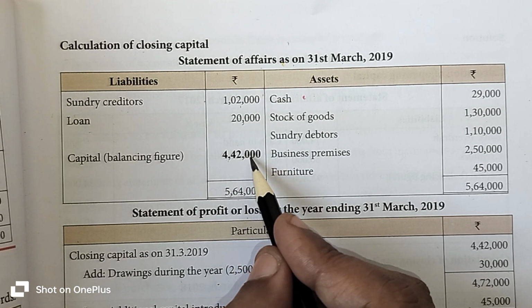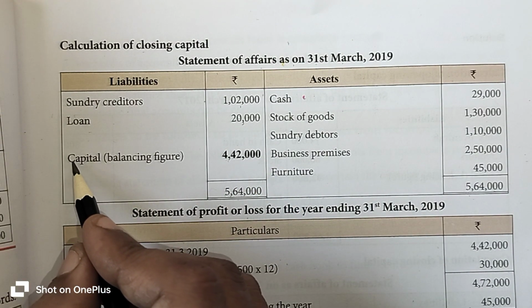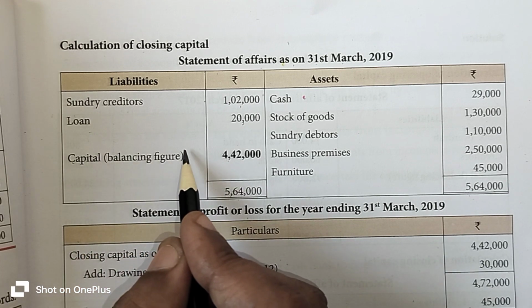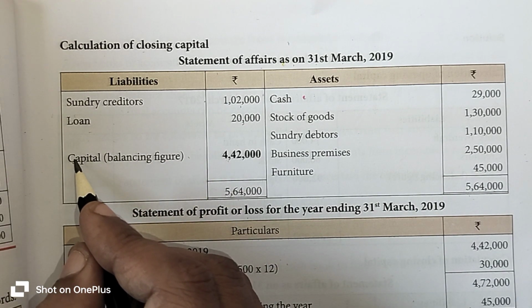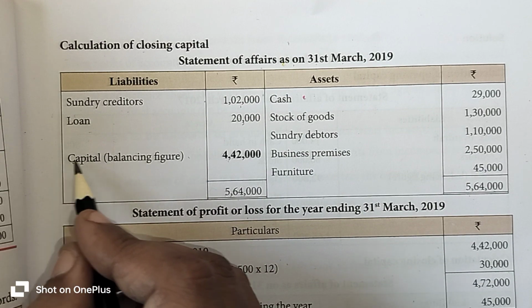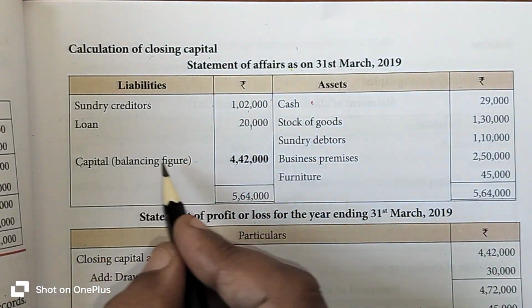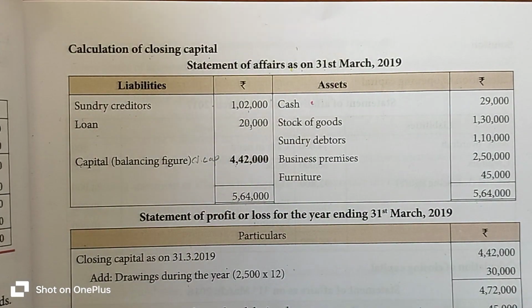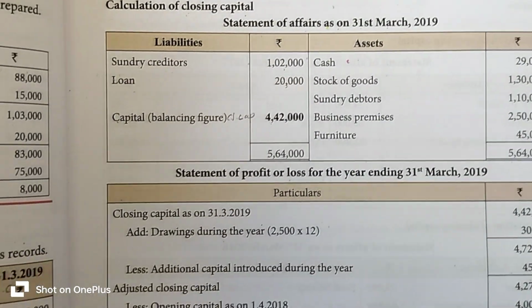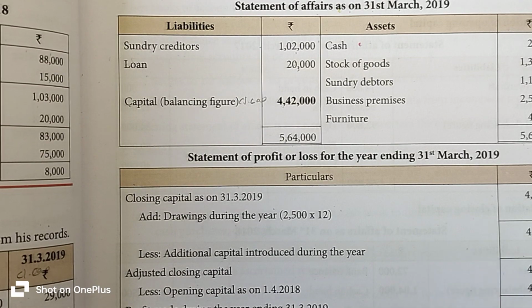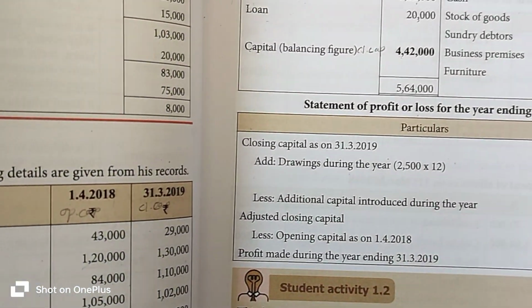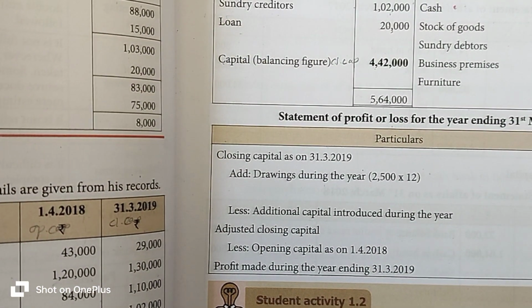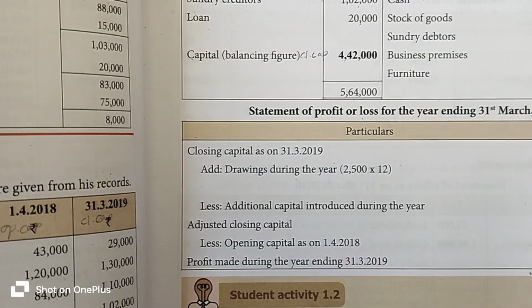This 4,42,000 is called capital, the missing figure, balancing figure. What kind of capital is this? Closing capital, right? This is called closing capital. So now we have the 4 things available here: closing capital, opening capital, drawings, and additional capital.